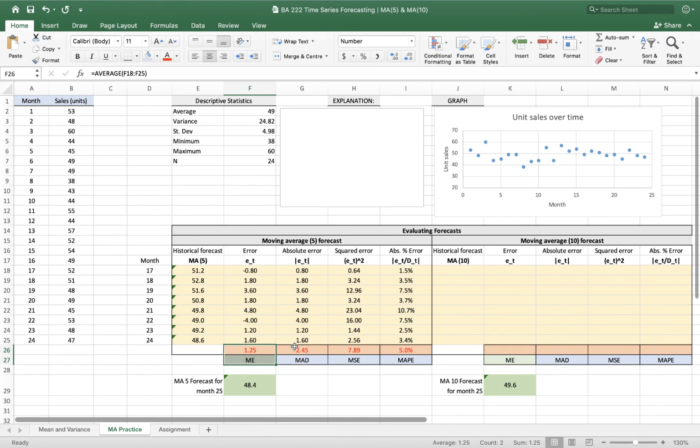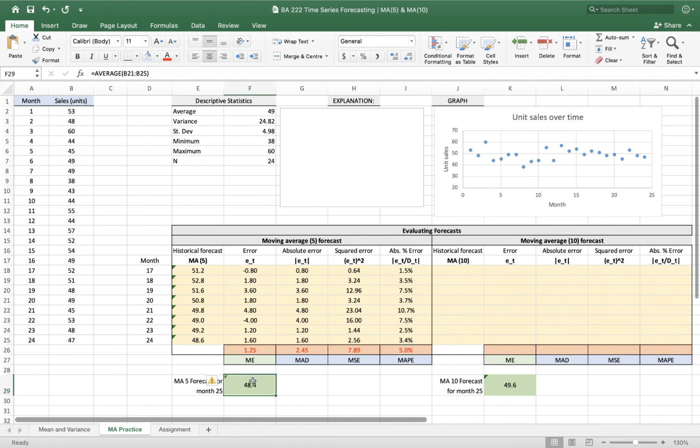Whereas these 3 things, the mean absolute deviation, the mean squared error, and the mean absolute percentage error, tell us about precision. How precise is our forecast? We can interpret these as saying we're off by about 2.45 units on average, and that's about 5% of our actual value. Our forecasts have been off from their real level by about 5%.